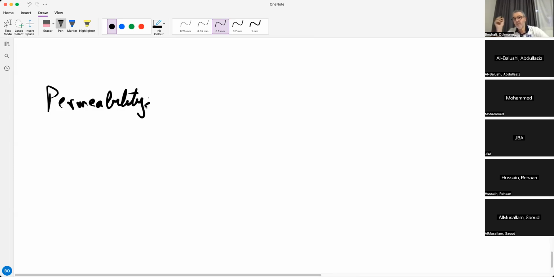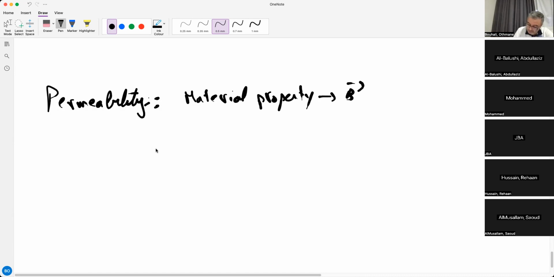Permeability is a material property that has to do with the magnetic field. And the permeability, we also call it mu, but the unit is Henry per meter. Is this clear? So there is a difference.